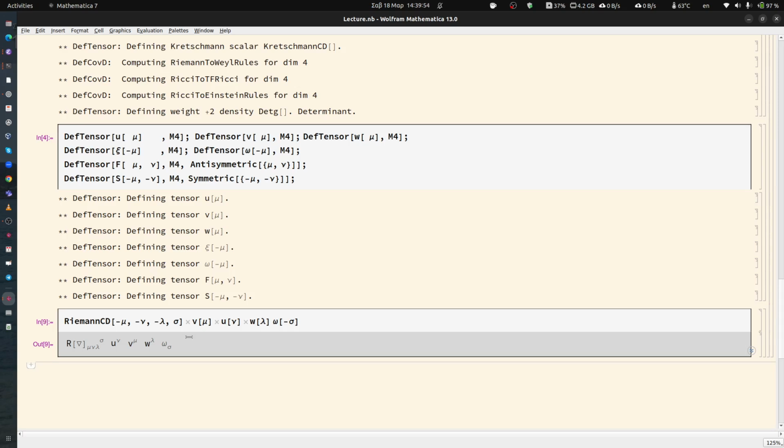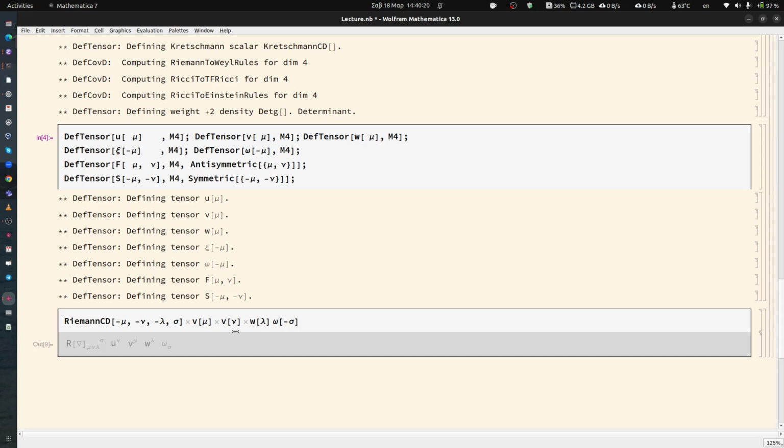So monoterm symmetries are built in xTensor. So if I put here, instead of u, I put v, this expression should be equal to 0. Why? Because it is antisymmetric with respect to the exchange of the first two indices, mu and nu, but it is symmetric with respect to the exchange of the indices mu and nu here.